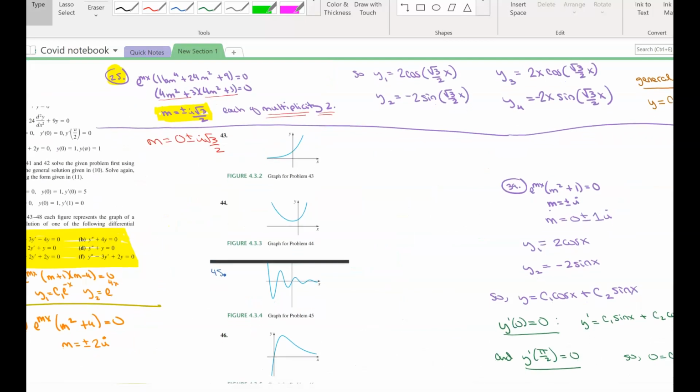So e to the ax, e to the 0, actually equals 1. So it's unwritten, understood; it's e to the ax times 2 cos beta x and e to the ax times 2i sine beta x. Whoops, I lost my i. Hang on a second. Okay, I fixed it right there.